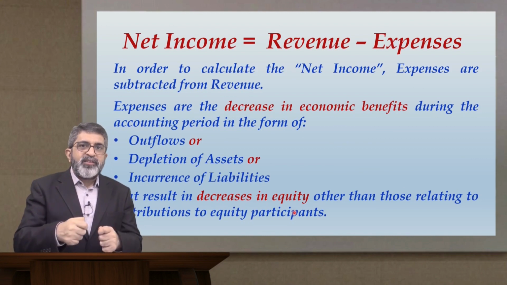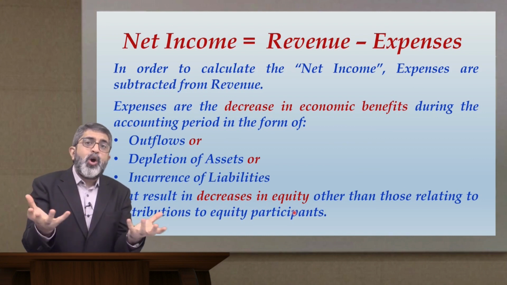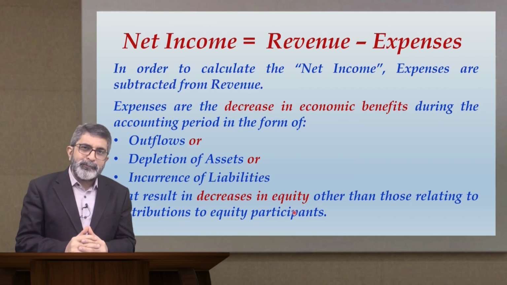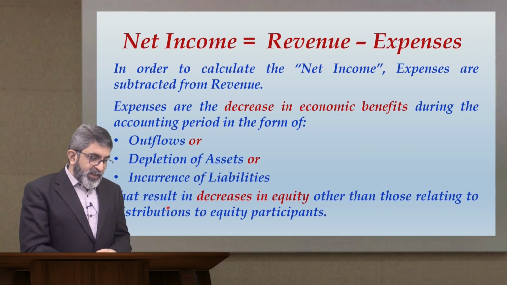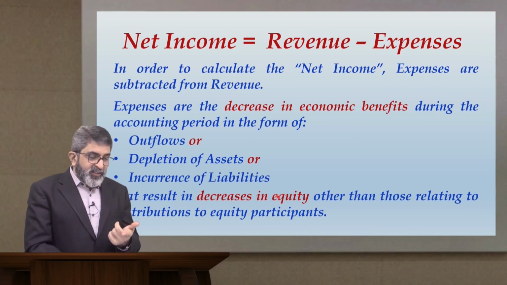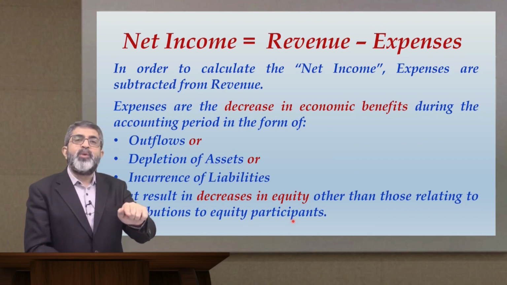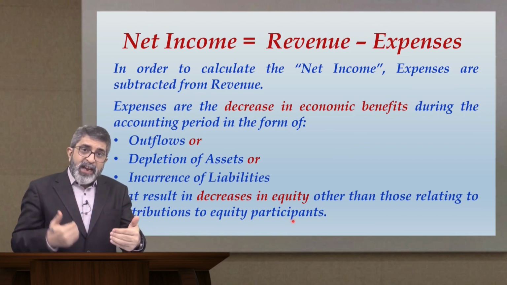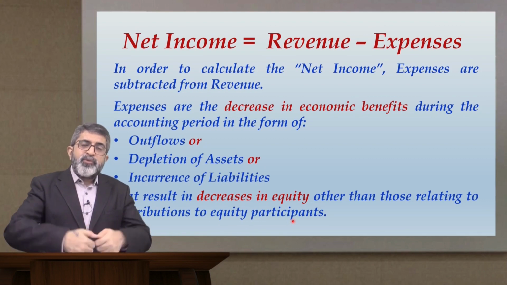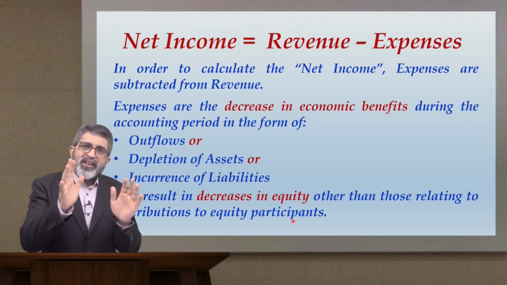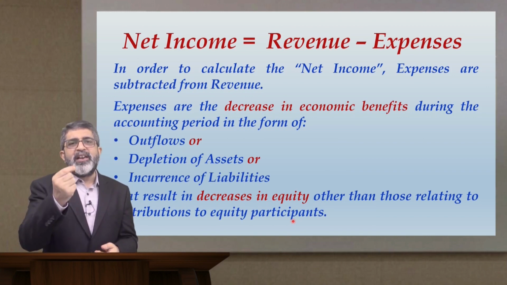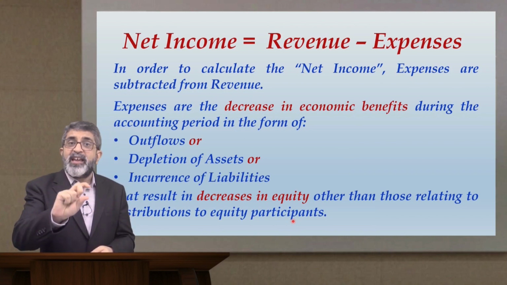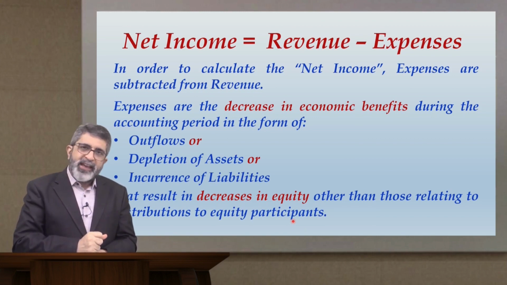Because that was the distribution of wealth among the owners of the entity, that is amongst the shareholders. Therefore, you have to be very clear that these expenses result in decrease in equity other than those relating to distribution to equity participants. That means if that outflow is causing distribution to equity participants, you will better call it as distribution of dividend rather than calling it as an expense. That is why it is excluded from the definition of expense.